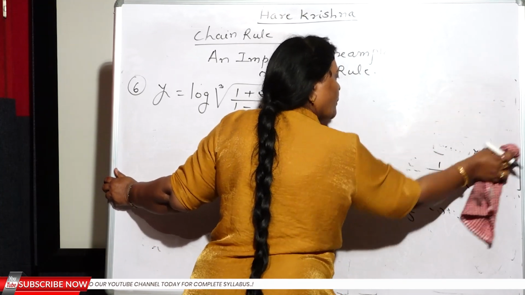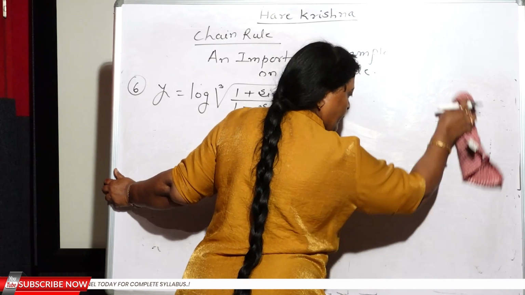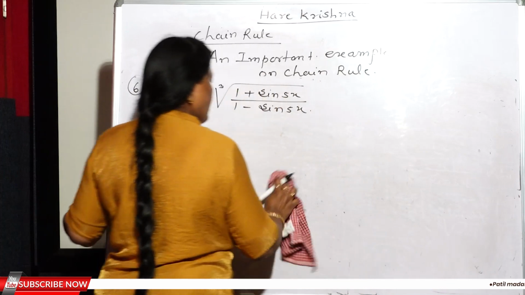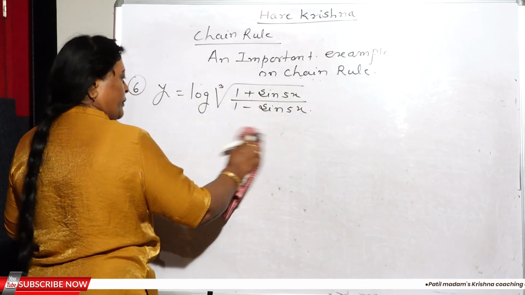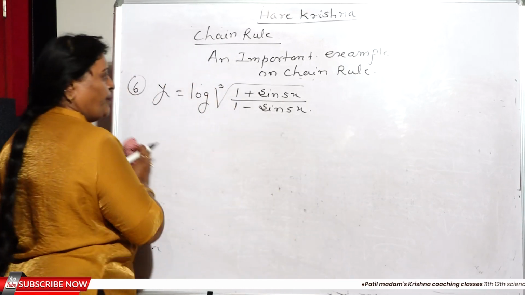Very important for the board, for the CET, for the JEE. These are the basic things and you should know them properly, isn't it? So be careful and see the video very carefully.